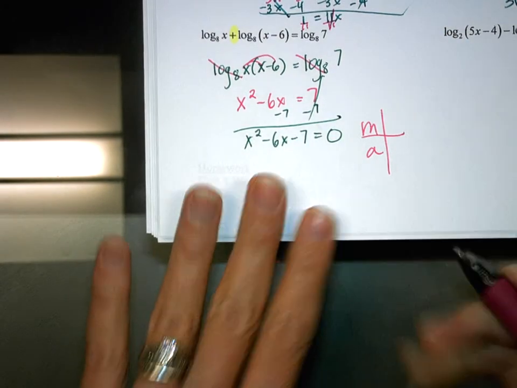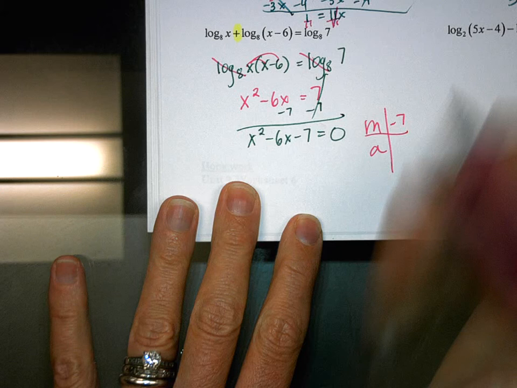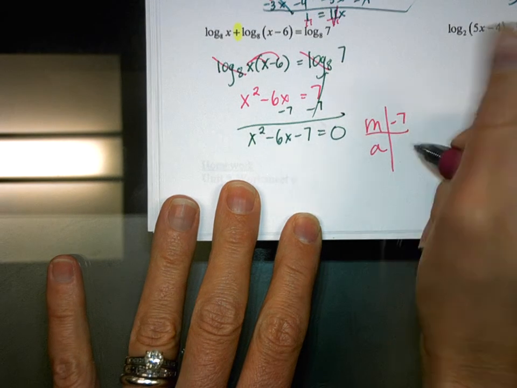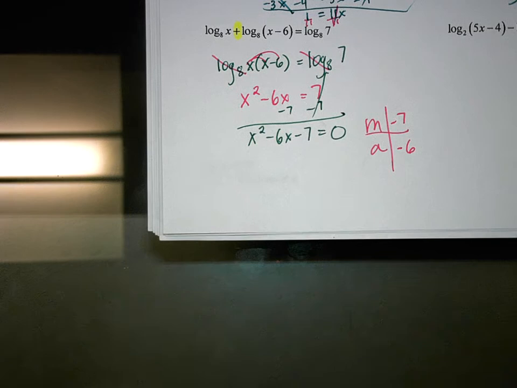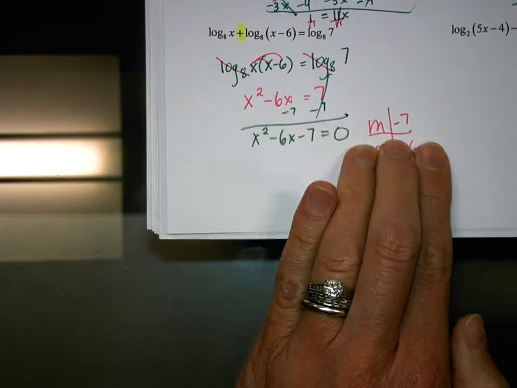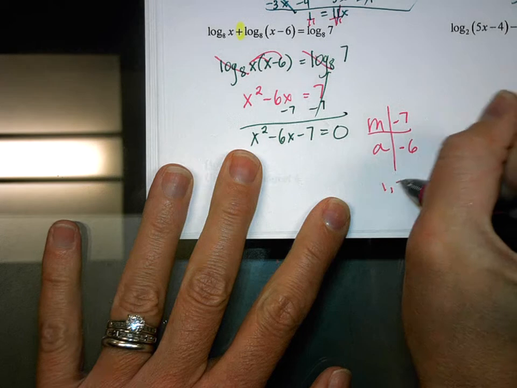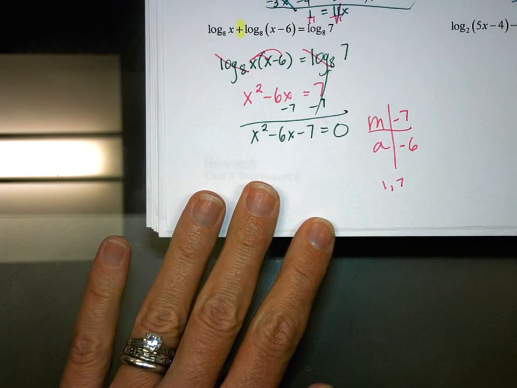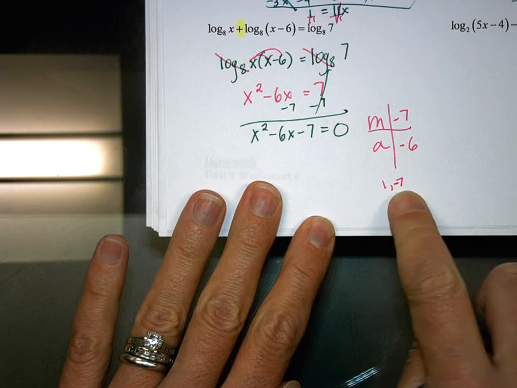Multiplying number, adding number. What's my multiplying number? Negative 7. What's my adding number? Negative 6. What numbers will work? 1 and 7, and specifically negative 7. So when we multiply these two numbers, they make negative 7.